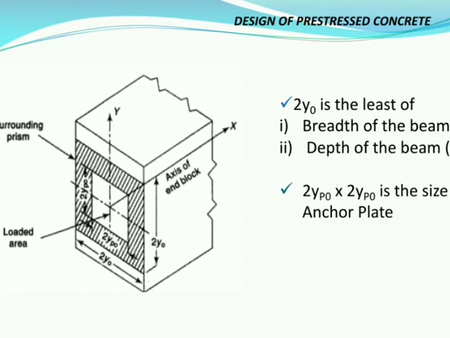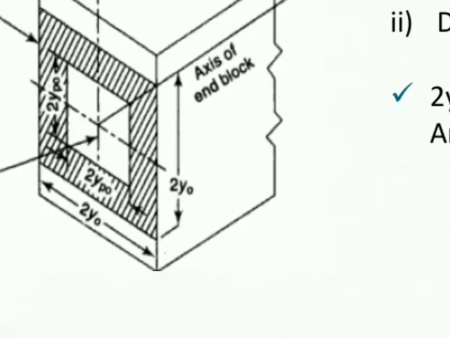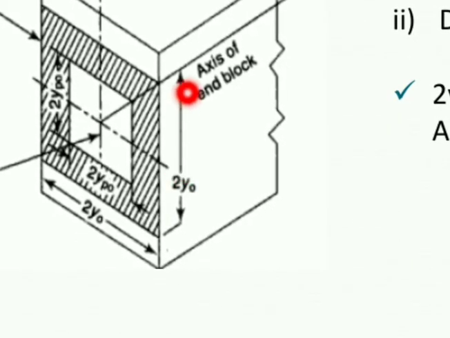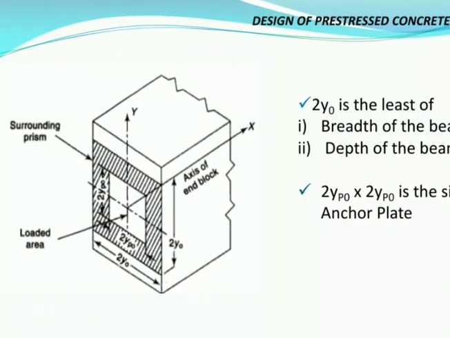2y0 is the total depth or total width of the section. 2y0 is the least of the breadth of the beam B or the depth of the beam D. So while analyzing an example, the value of 2y0 will be the least of either B or D. Next, 2yp0 into 2yp0 will be the size of the anchor plate or the bearing plate.